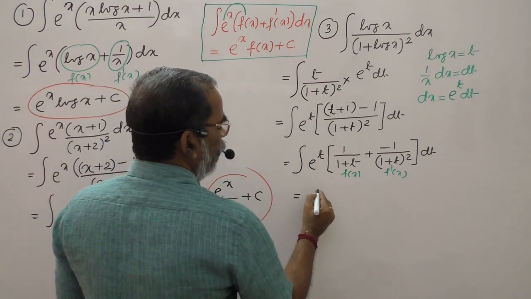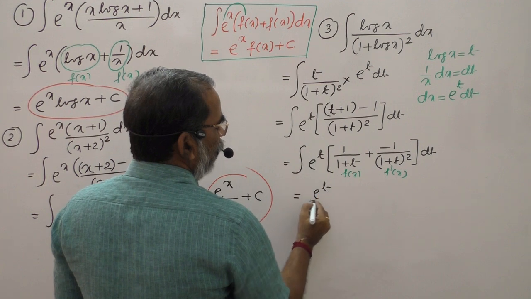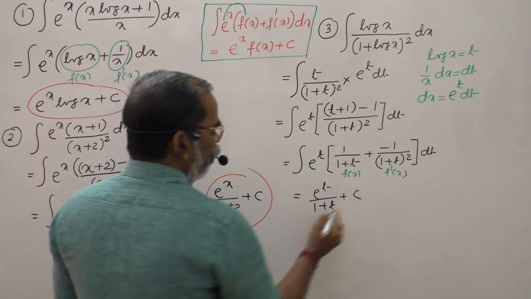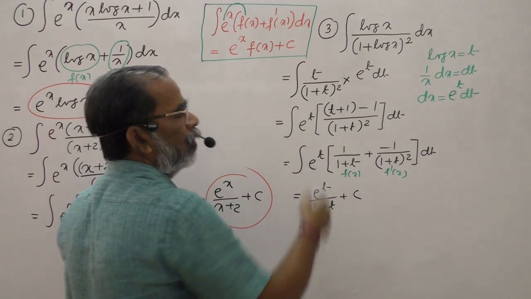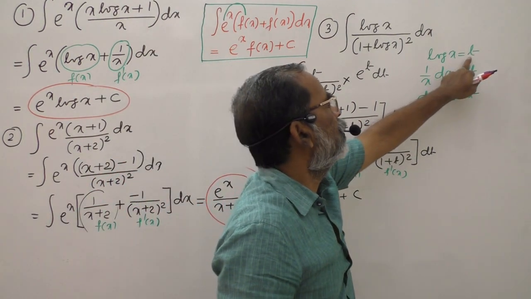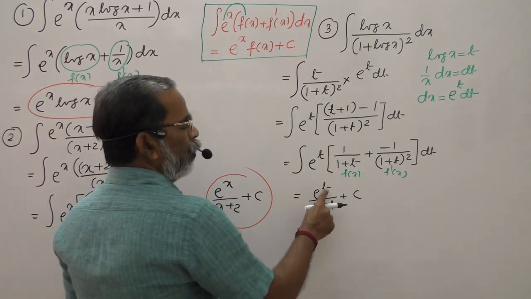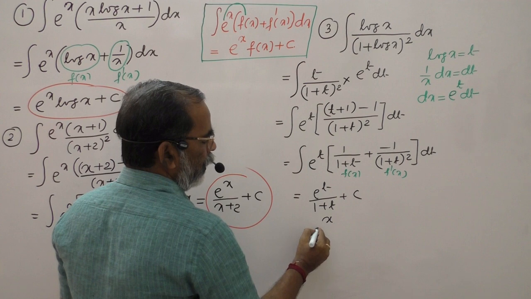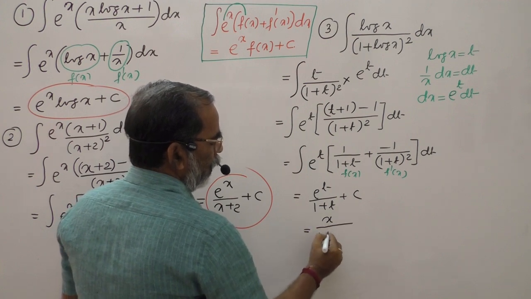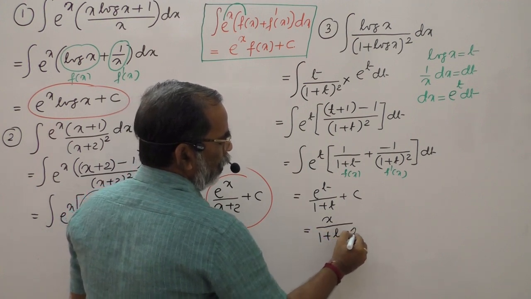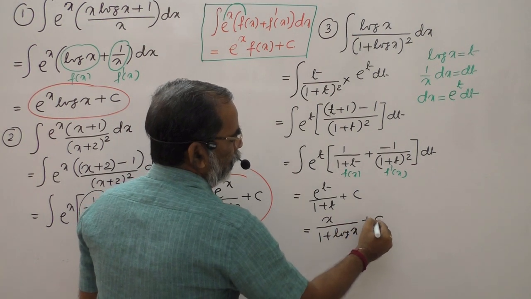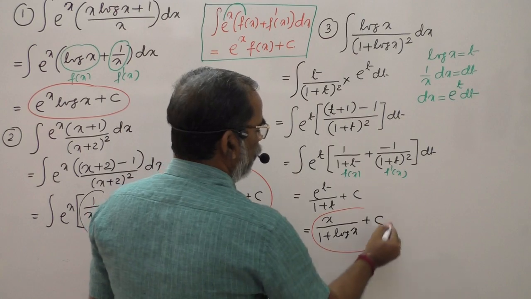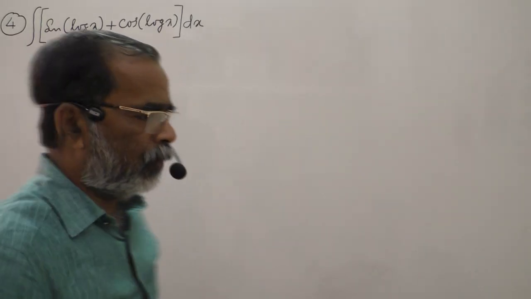That means e power t into 1 by 1 plus t. It will be like this. But in the question t has not been given. So replace t by log x. If you write log x here, e power log x is what? Simply x. 1 plus t is what? Log x, plus c. So this is the integral. This is the answer. We will see another question.